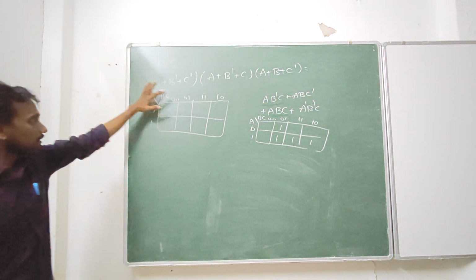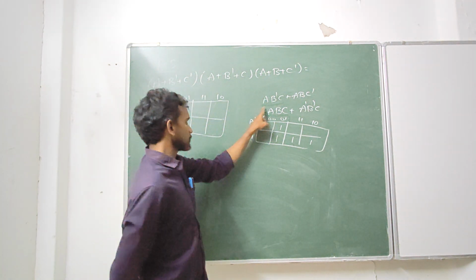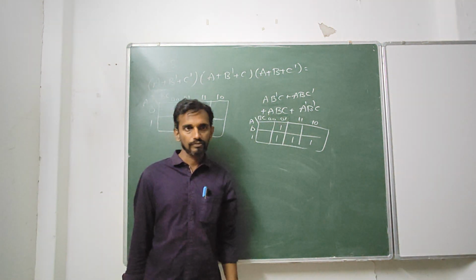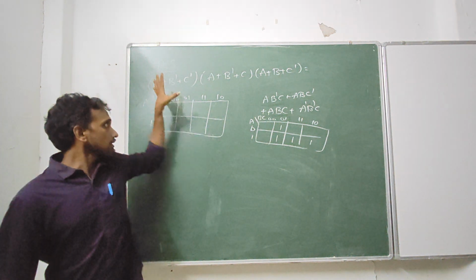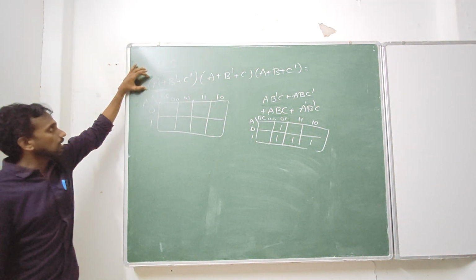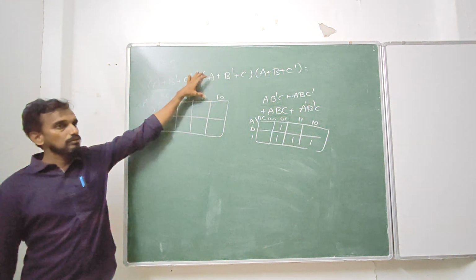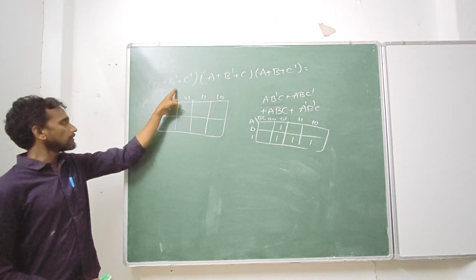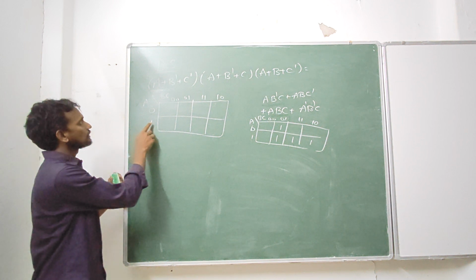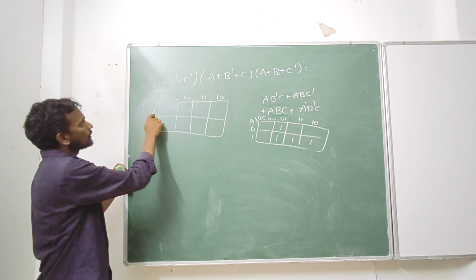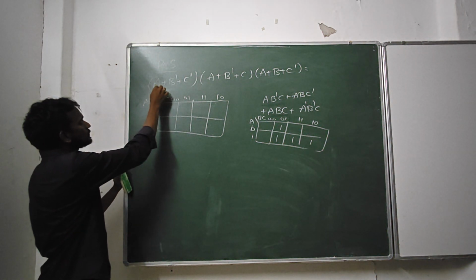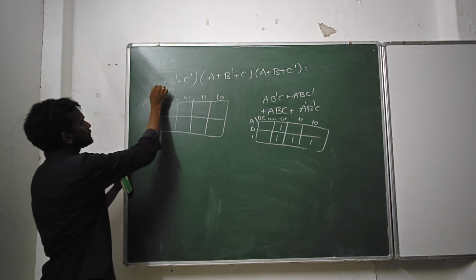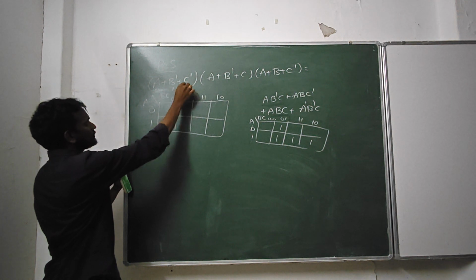So we will consider the exclusive case where all the terms will become 1, and we have placed 1 here. Okay. So here in this case, what we have to do is, wherever all the terms become 0, there we place 0. So a plus b bar plus c bar, a is equal to 0, b bar is equal to 0 means a is 0, b is 1, c is 1.